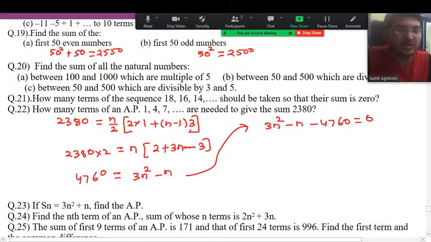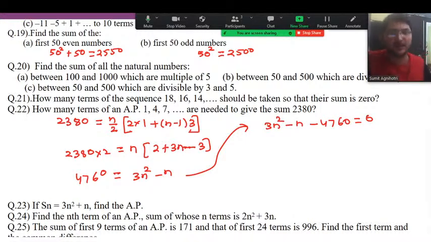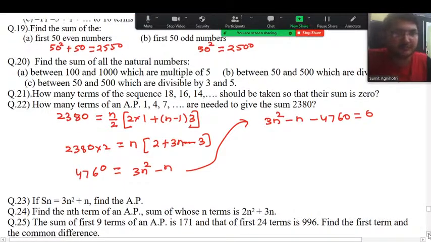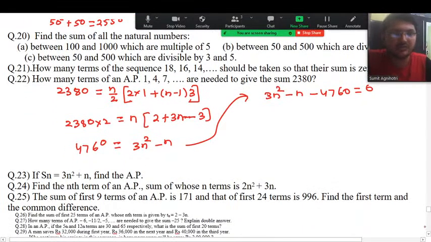You need to solve this quadratic equation to figure out the answer. Can you middle term split this? Try to split the middle term and tell me the result.